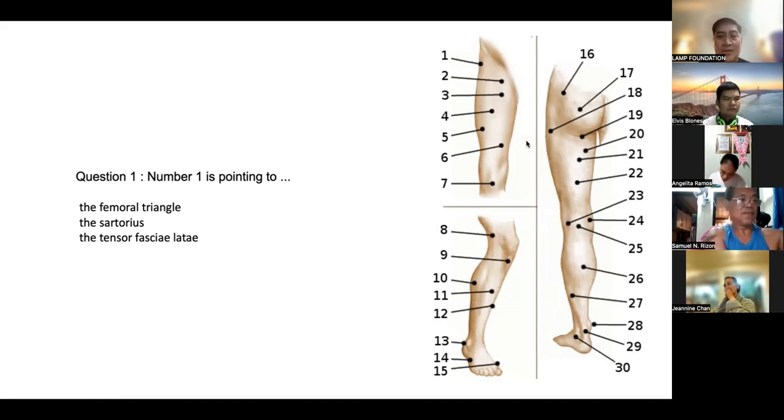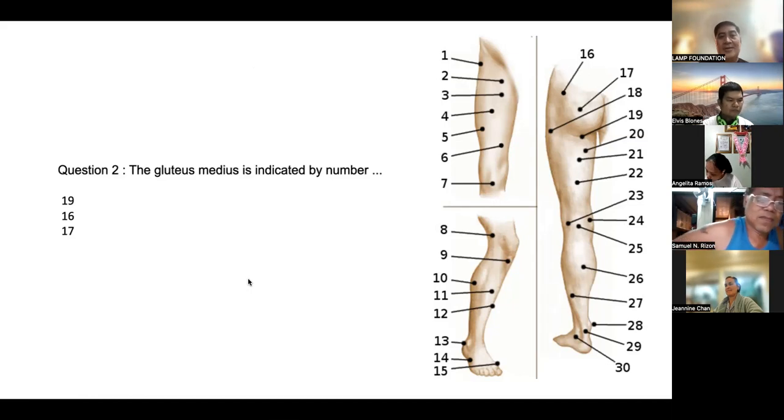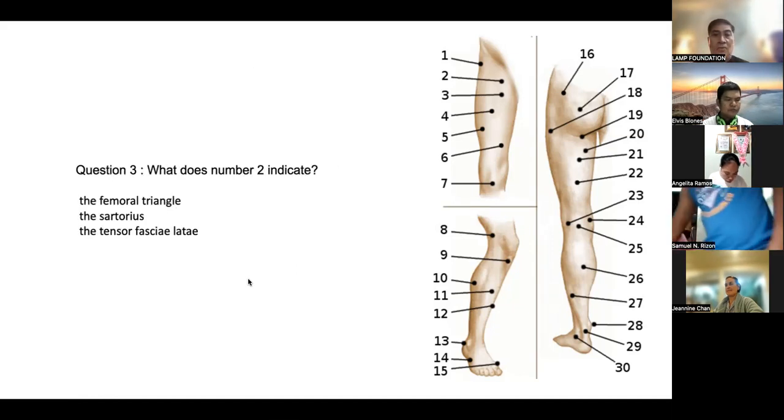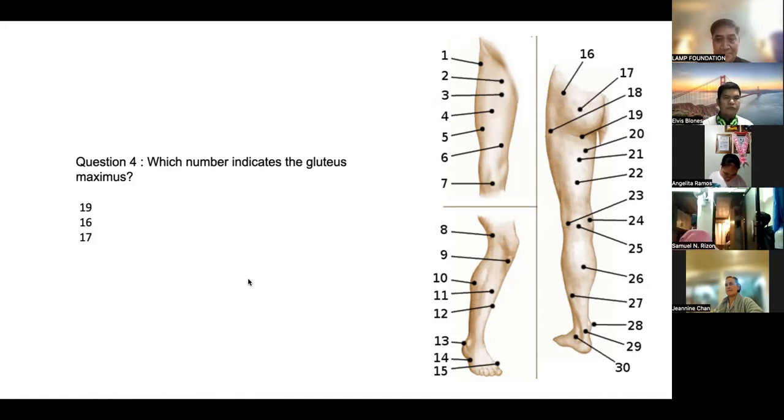Number 1 is pointing to what? The tensor fasciae latae. Next, the gluteus medius is indicated by what number? 16. What does number 2 indicate? The femoral triangle. Which number indicates the gluteus maximus? 17.